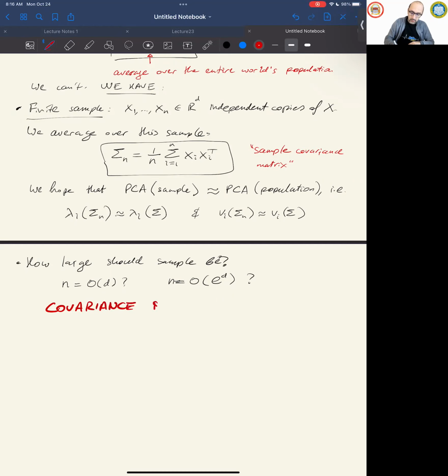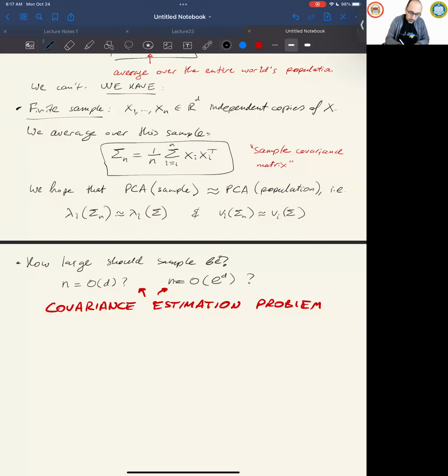Basically, it is to decide how big a sample it is and how well we could estimate the covariance. And what if we don't have all that sample, and so on and so forth.